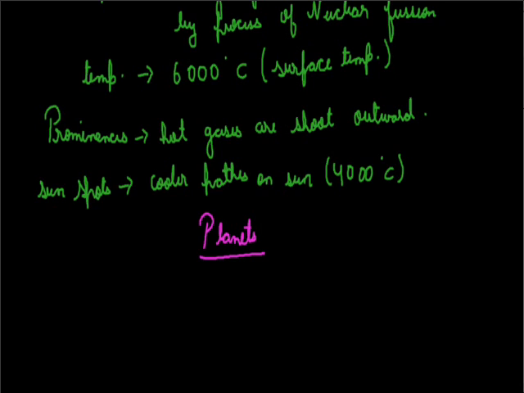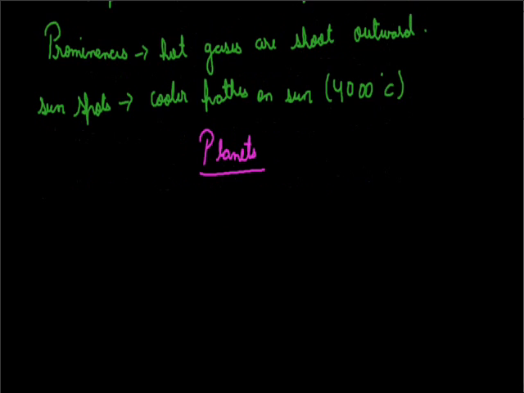As we know, there were earlier 9 planets, but now we have only 8 planets because among those 9, the last planet, Pluto, has been considered a dwarf planet. Planets are heavenly bodies that revolve around the sun.